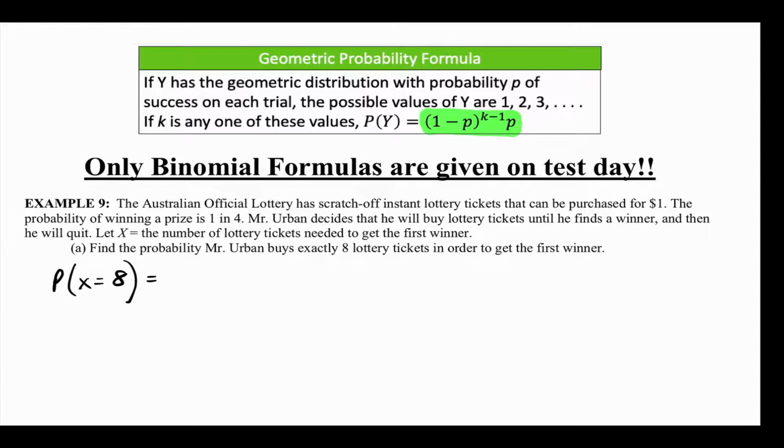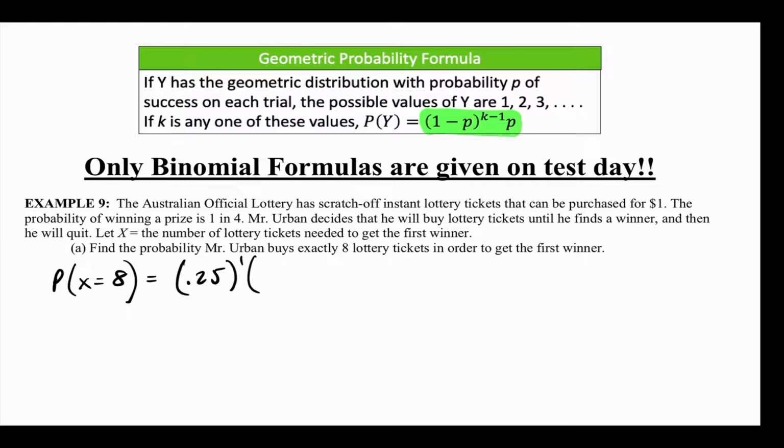What's the probability of a winner? What's the probability of success here? 1/4, which is 0.25. Either one is okay. K minus 1. So 0.25 is success. How many successes is he going to have? 1 success.